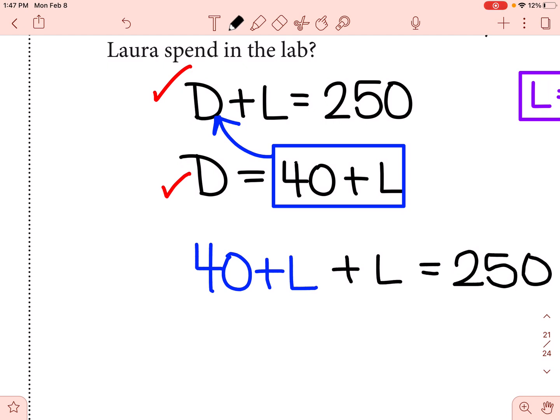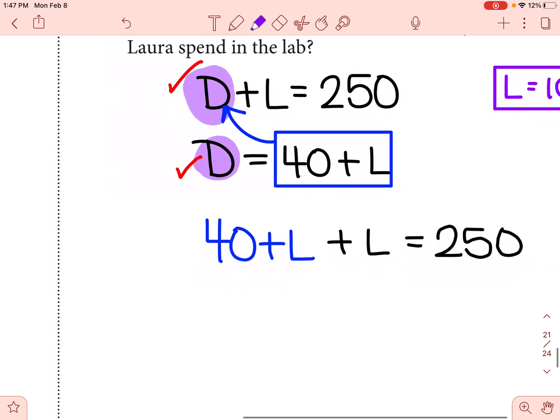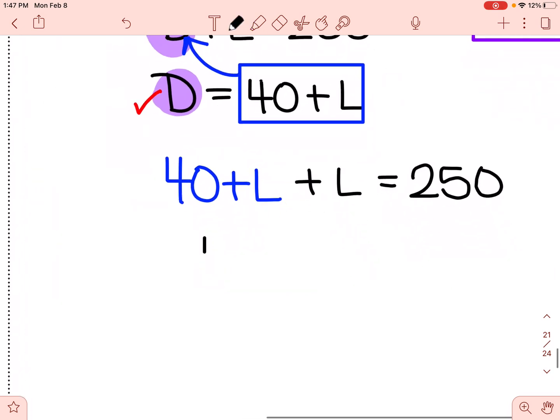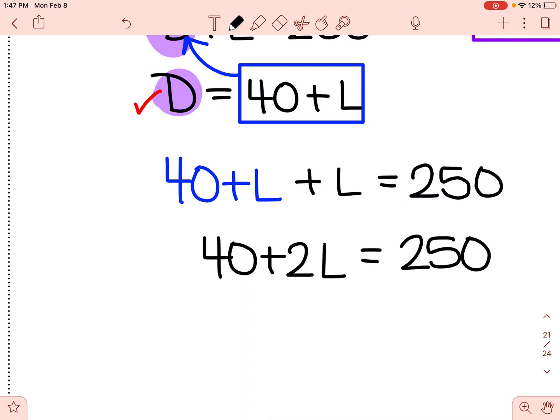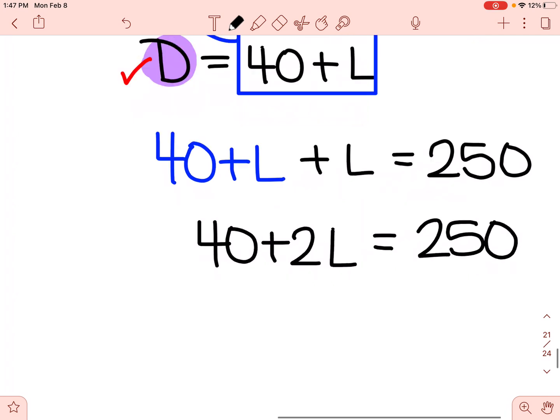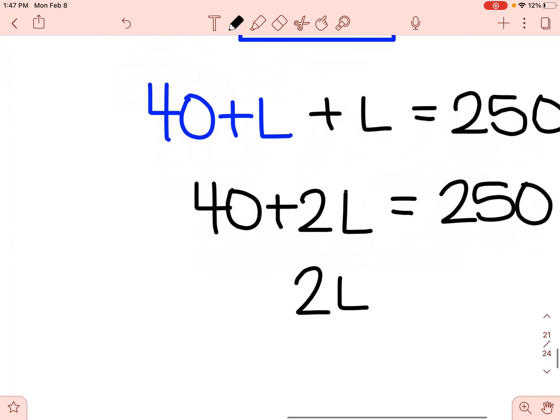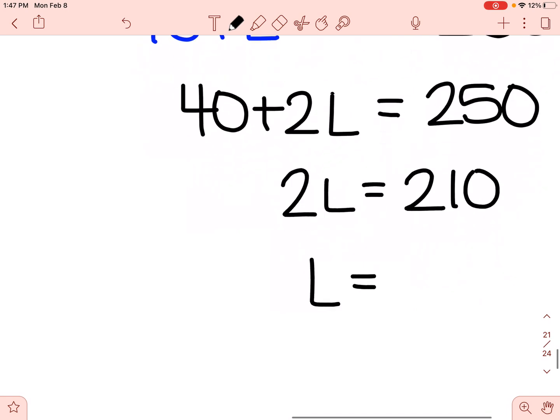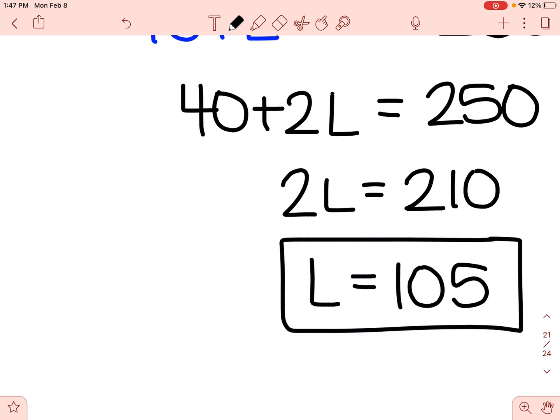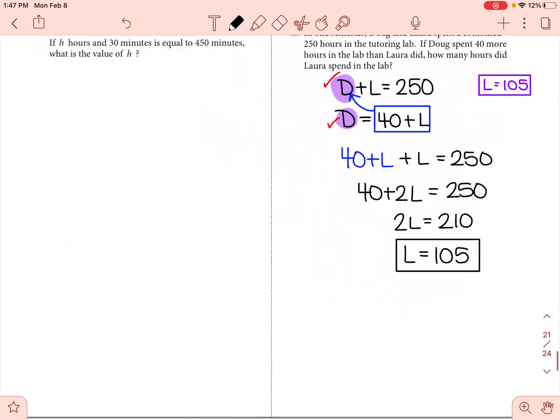So all I did was replace this D with 40 plus L, which is equivalent to D. Combining like terms, I get 40 plus 2L equals 250. So 2L equals 210. Subtract that 40 over and divide by 2. We get Laura's time is 105 hours.